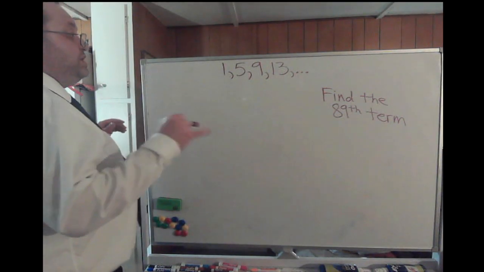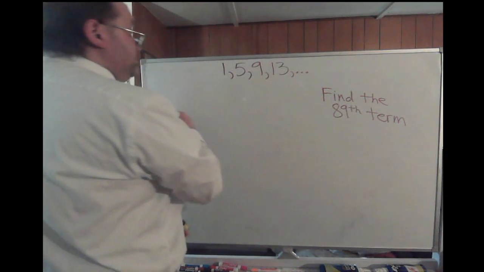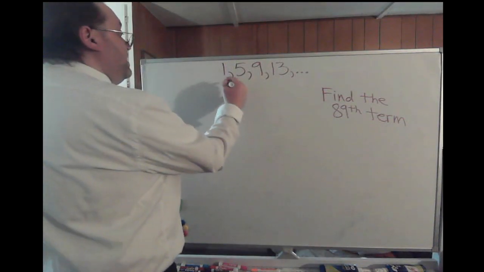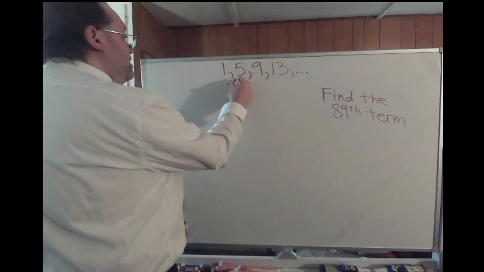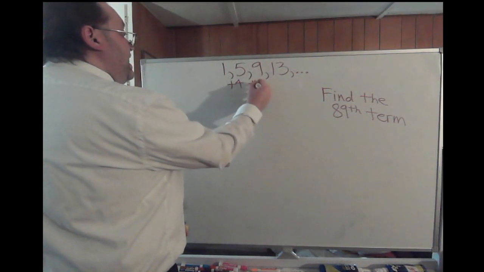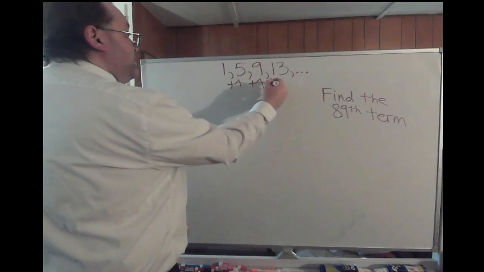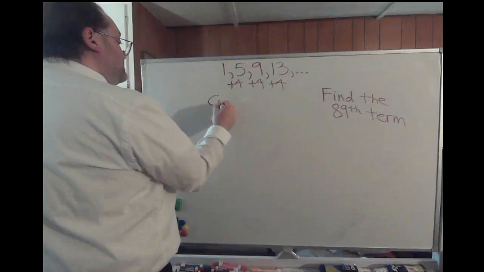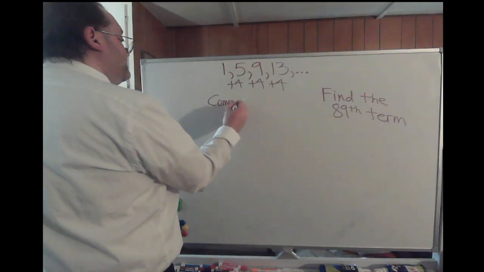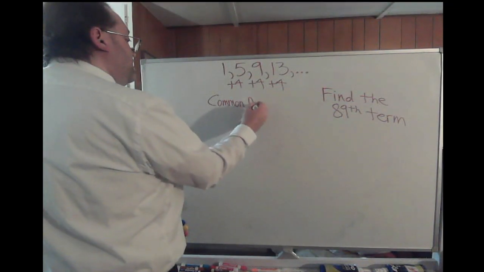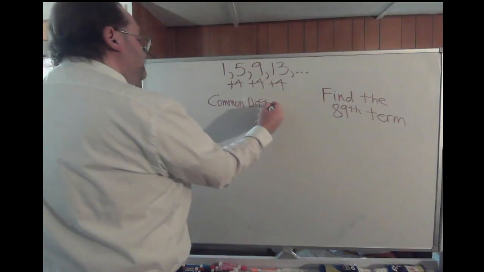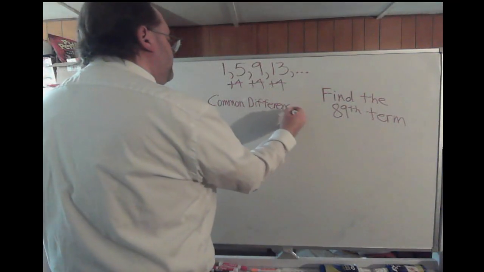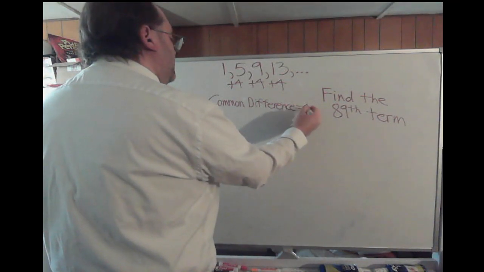What you've got to do, again, is figure out what your common difference is between these numbers. Between 1 and 5, you add 4. Between 5 and 9, you add yet another 4. Between 9 and 13, you add yet another 4. So we can establish that the common difference equals 4.